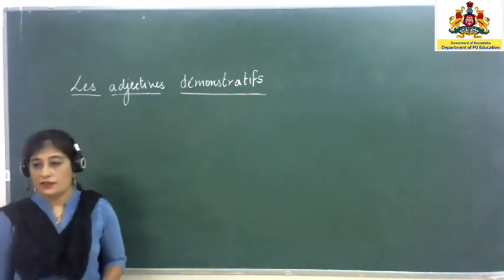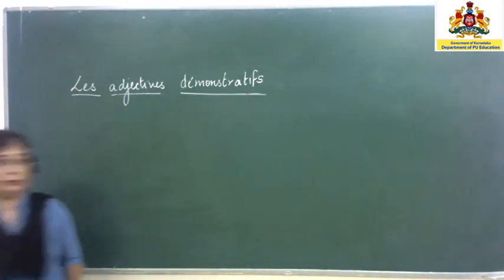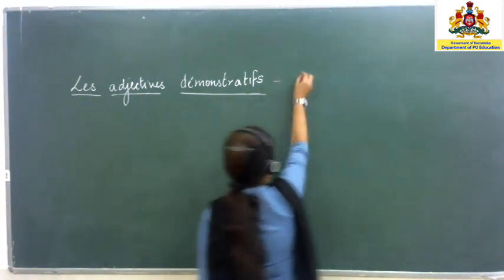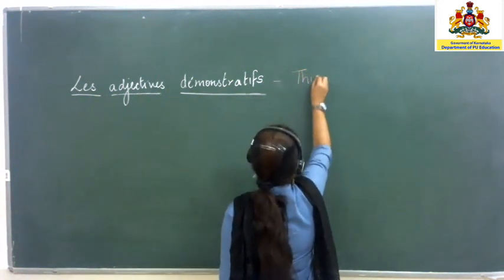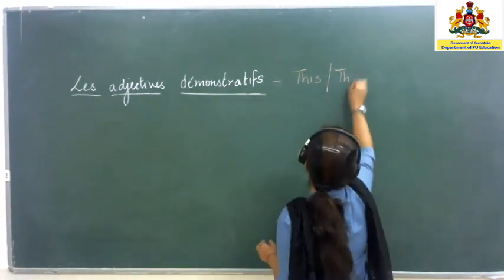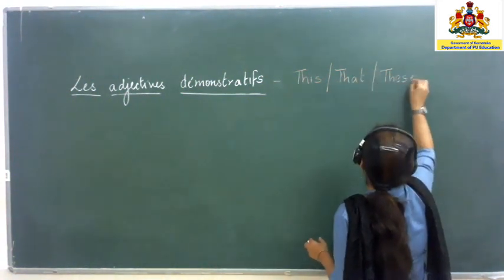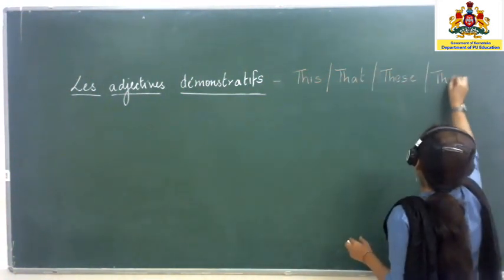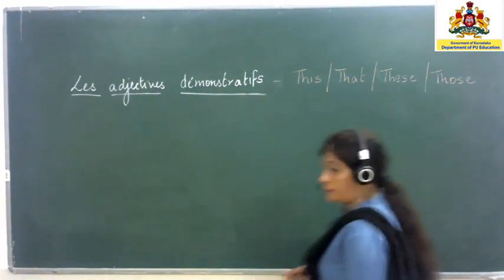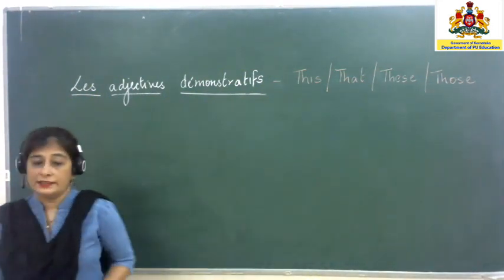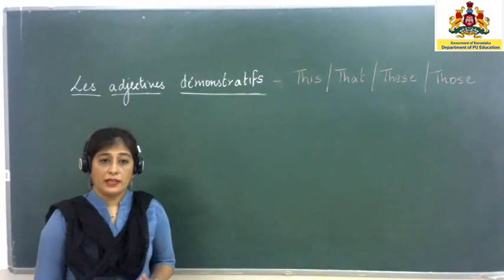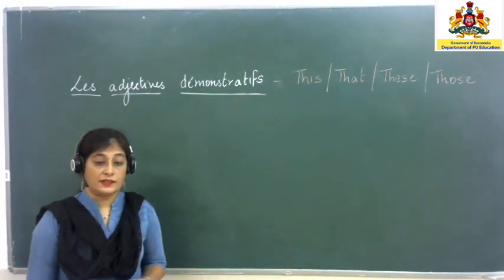So your demonstrative adjectives are nothing but in English what you call this, that, these, or those. Fine. Now by now you know that everything in French has a gender.